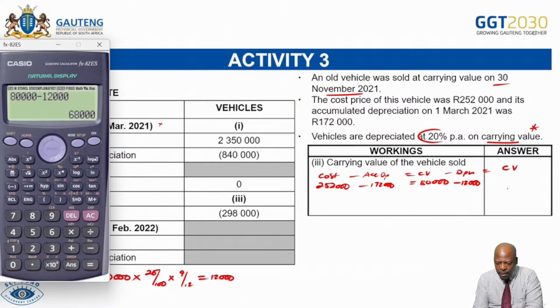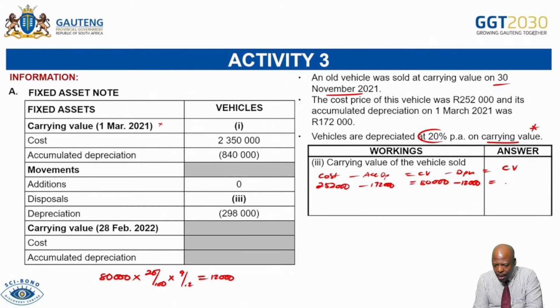That's going to give me 68,000. 68,000 is the carrying value on the date of disposal. That is how we will do this particular calculation. Okay, so the trick was, when you're given carrying value at the beginning of the year, you still have to subtract the depreciation for the year to get the carrying value at the date of disposal. That's what I was trying to drive at in this particular activity.